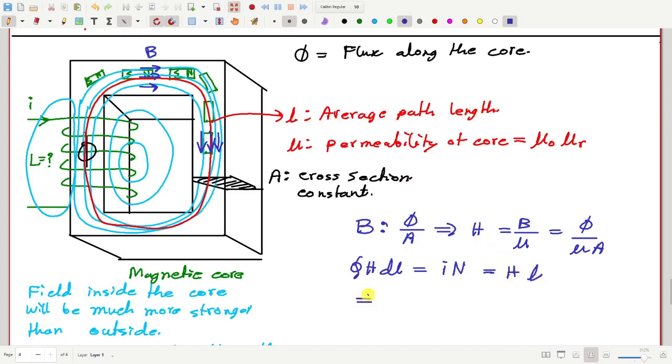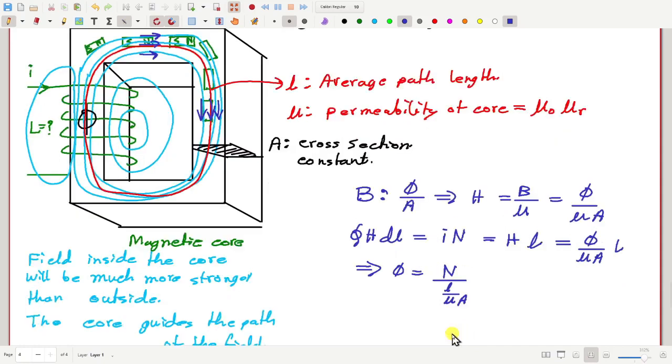So from this, what do we get? This is equal to phi by mu A times l. So from here we get phi equal to n I by l by mu A. Then psi is the flux linkage, which is approximately equal to n times phi, assuming the same amount of flux goes through all the turns.